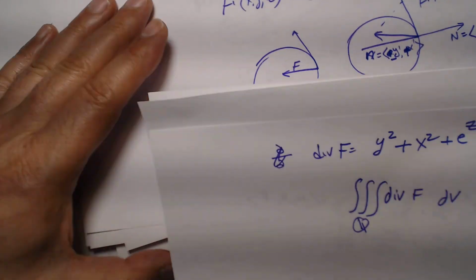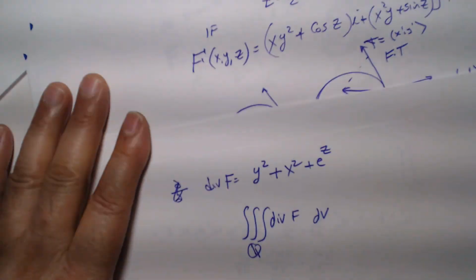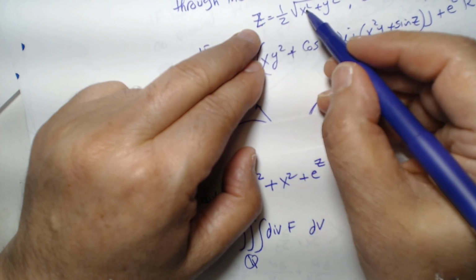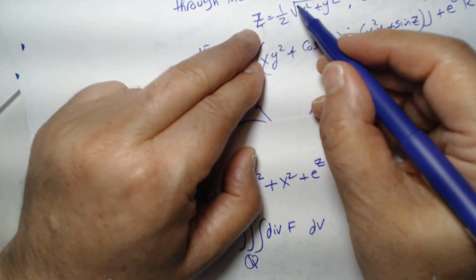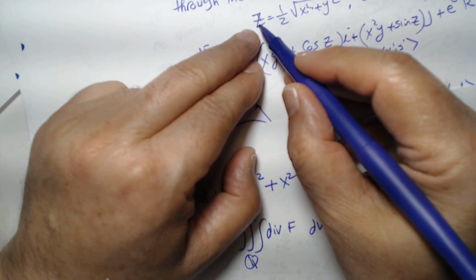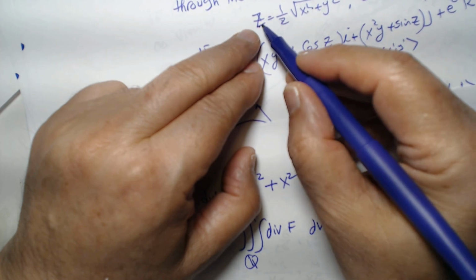Okay, I got my divergence, but I need the volume of that one. Well, in here, when z becomes 0 it is a point, when z becomes 1 it is a circle, and when z becomes 8, that becomes x squared plus y squared equal to 256.